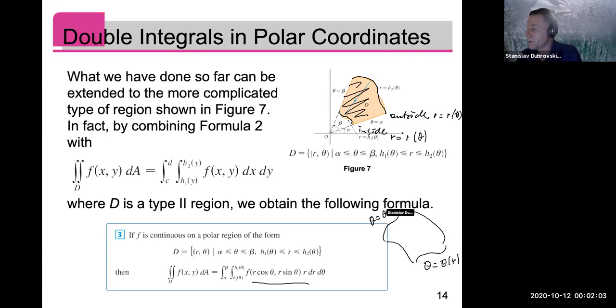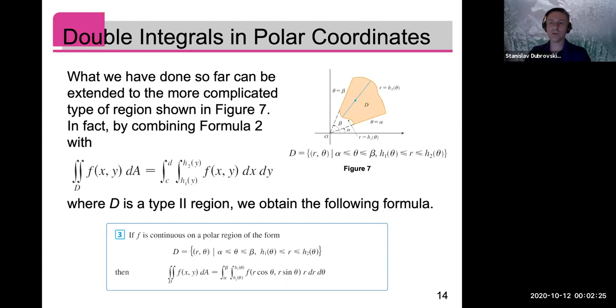But okay, maybe let's come up with different names, maybe alpha of r and beta of r. Then how would you write your double integral over this region? Practice, and we'll discuss in class. Good. That's all for now.